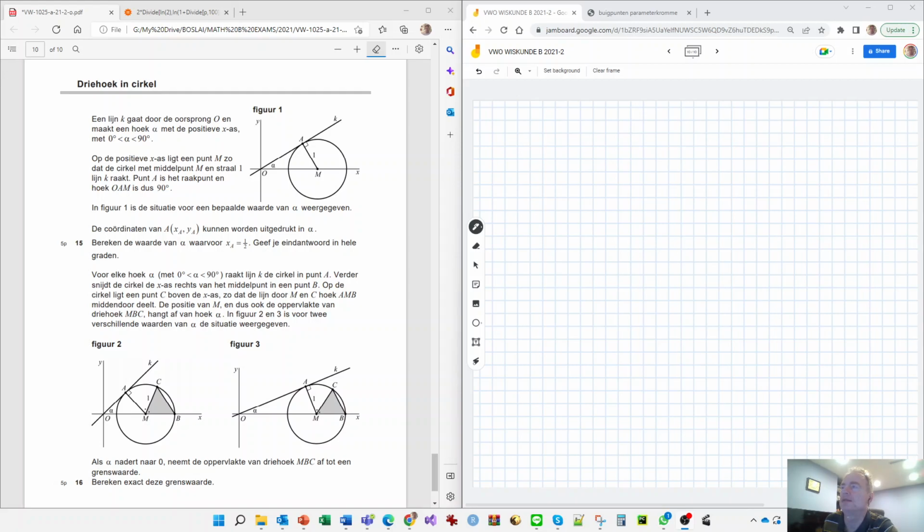And that circle has a tangent K through A. And then they say the coordinates xa, ya can be expressed in alpha. Calculate the value for alpha for which xa is 1/2. Okay.